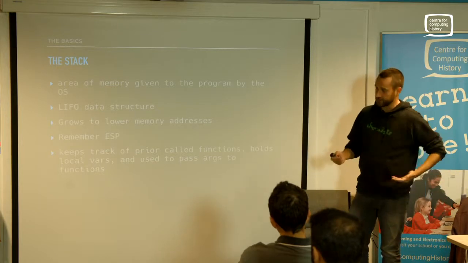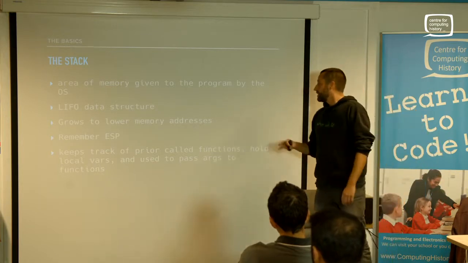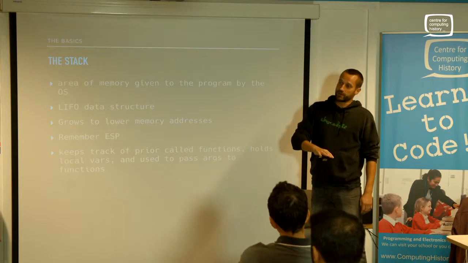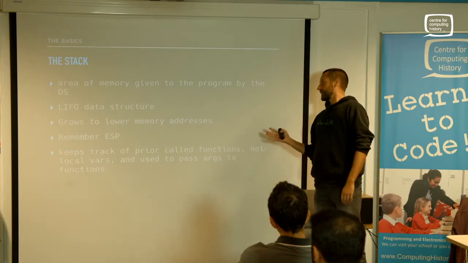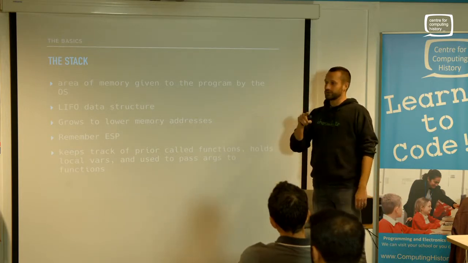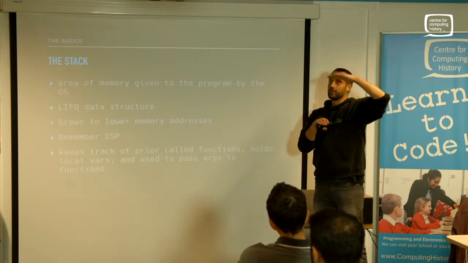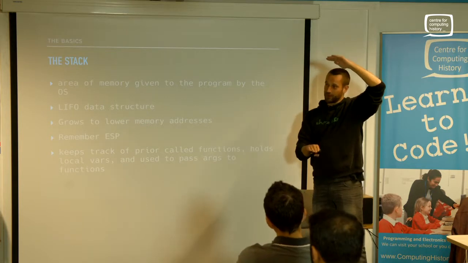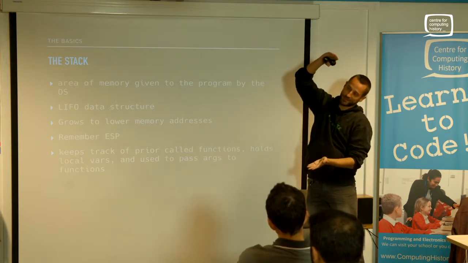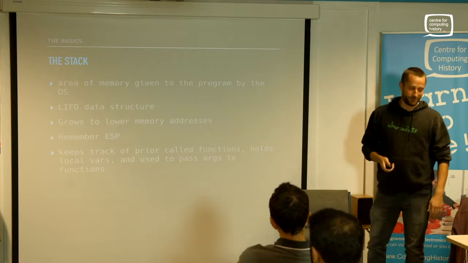You can't take anything out from anywhere in between. It grows from higher memory addresses to lower memory addresses, and this is often confusing because a lot of diagrams show the stack growing upward, like a stack would, but that's your low memory and that's your high memory. Sometimes they draw it upside down, so you just have to get your head around that.